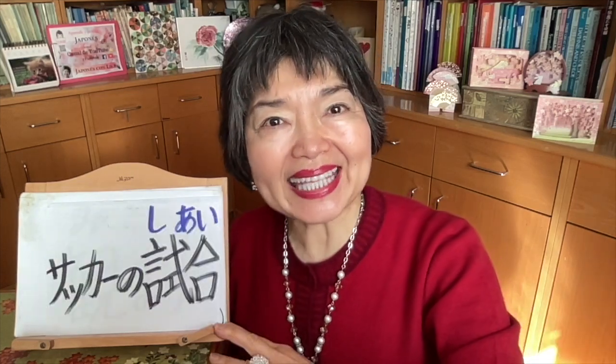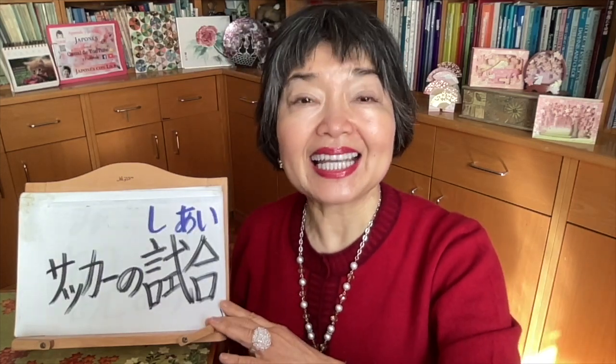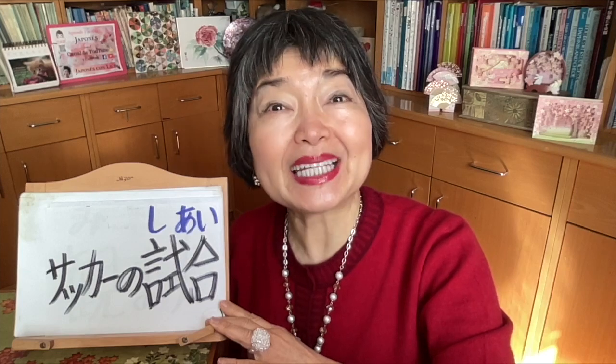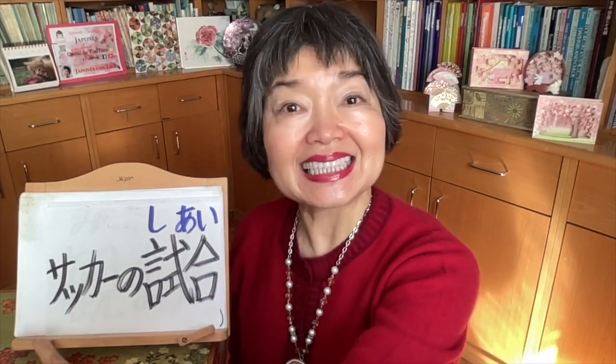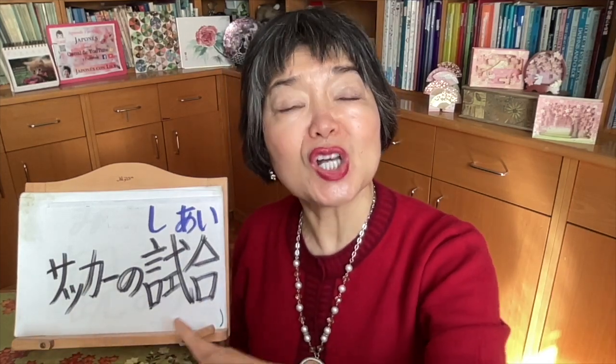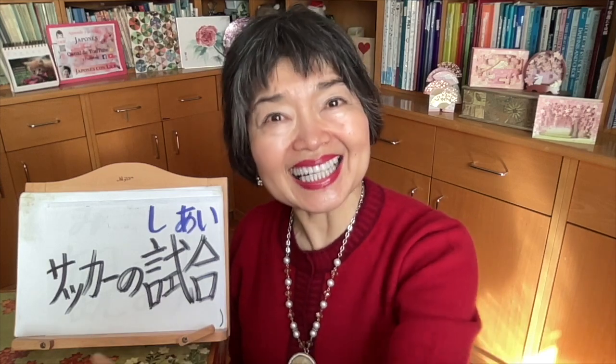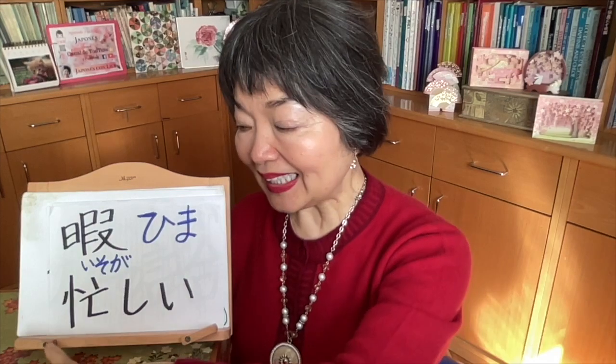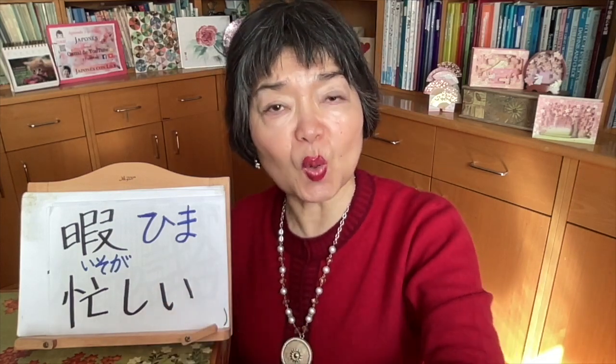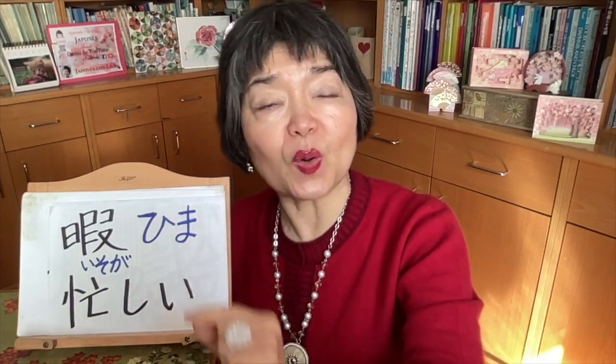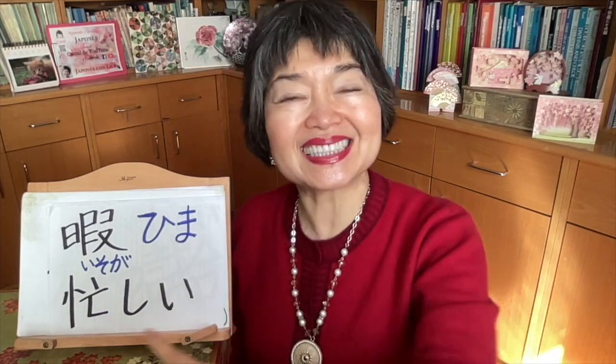I was very busy yesterday, so I couldn't watch the soccer game, or the football match. The soccer game in American English and the football match in British English is サッカーの試合. Adjective, busy: 忙しい. This is an い adjective. And when I want to say a cause, it means I was busy, so this is the cause.